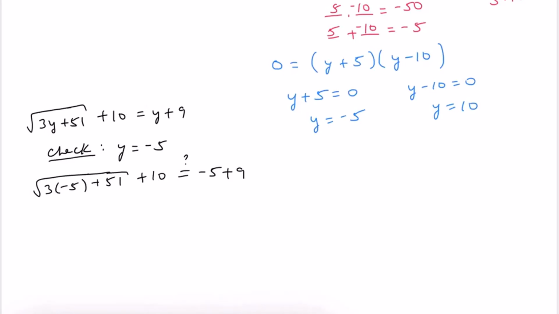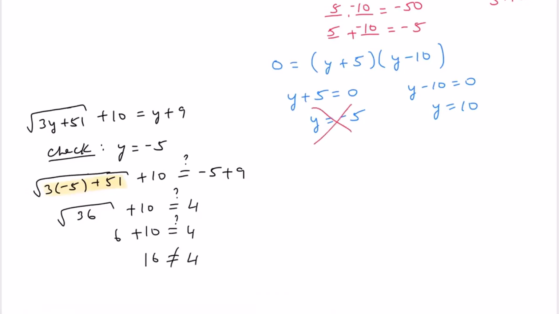So here, calculate the inside of the square root, and we end up with the square root of 36 plus 10. Square root of 36, so that is 6. 6 plus 10, is that equal to 4? So we have 16 is not equal to 4. So that means that negative 5 is not one of our answers.